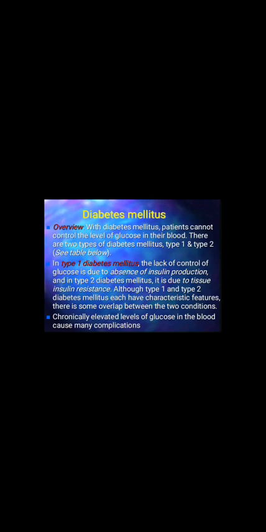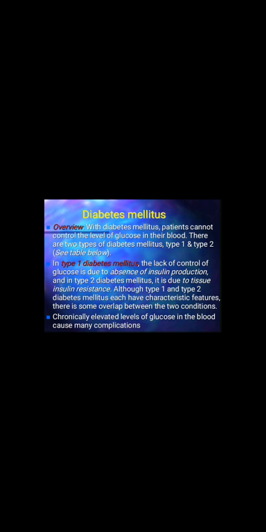So what is diabetes mellitus? In simple terms, it's a multi-system disease of abnormal metabolic state which is characterized by hyperglycemia due to inadequate insulin production. We have said it is a multi-system disease, meaning the effects will affect multiple body systems, and secondly, it is metabolic.